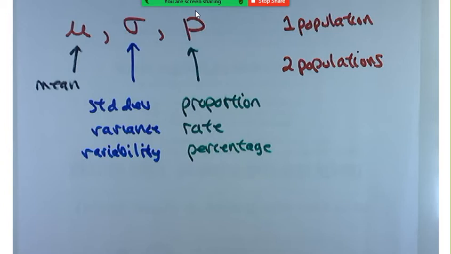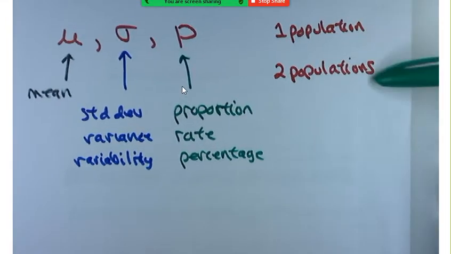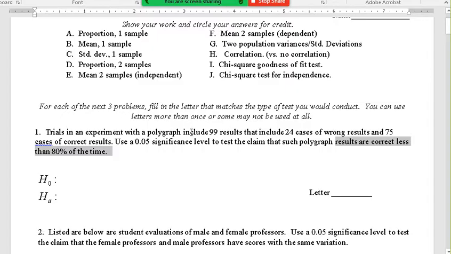Yeah, it has to be proportion, right? You're not talking about a mean. You're certainly not talking about a standard deviation. So it's a proportion. Now I got to decide, is it one population or two populations? And I can understand a little bit of confusion here. But if you look back at the problem, it says you had an experiment, and these are the results.